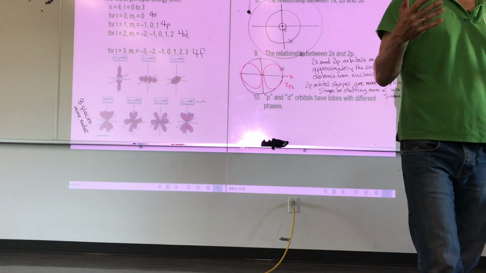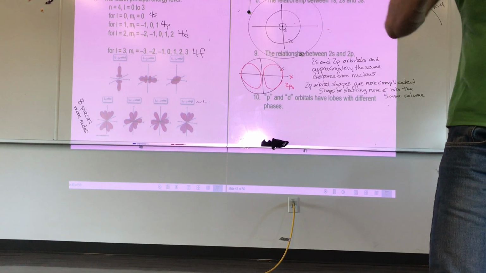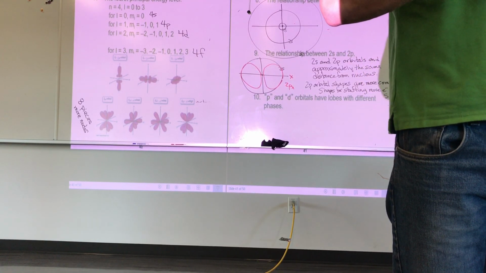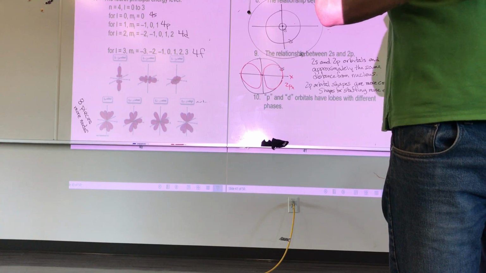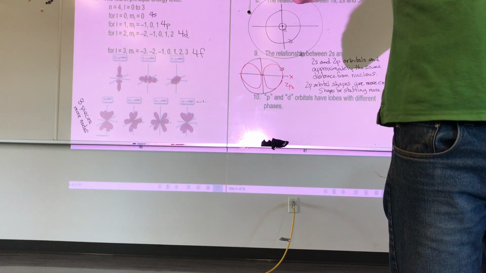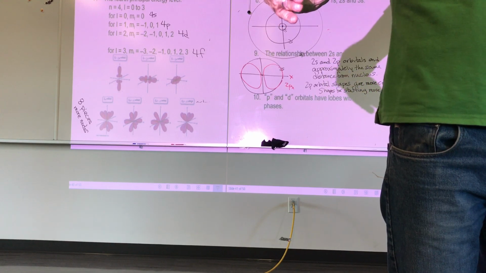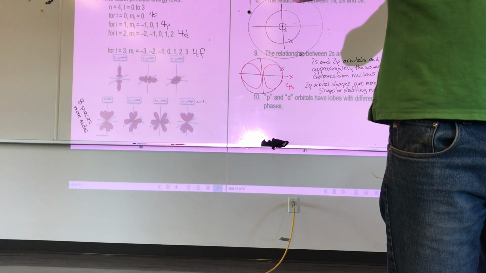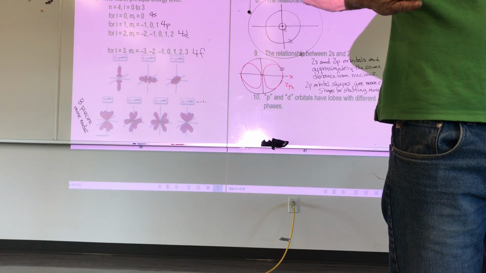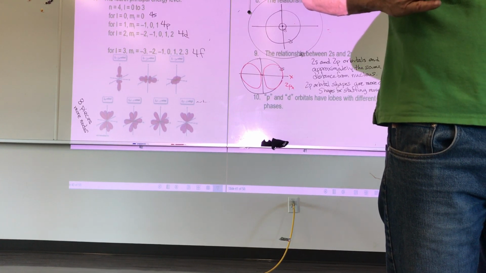So atoms and electrons, right? Electrons and protons. All of the electrons are attracted to the nucleus. So they want to be as close to the nucleus as possible. However, they're repelled by the other electrons. So in n equals 1, it's so close to the nucleus that you can only fit 2 electrons.